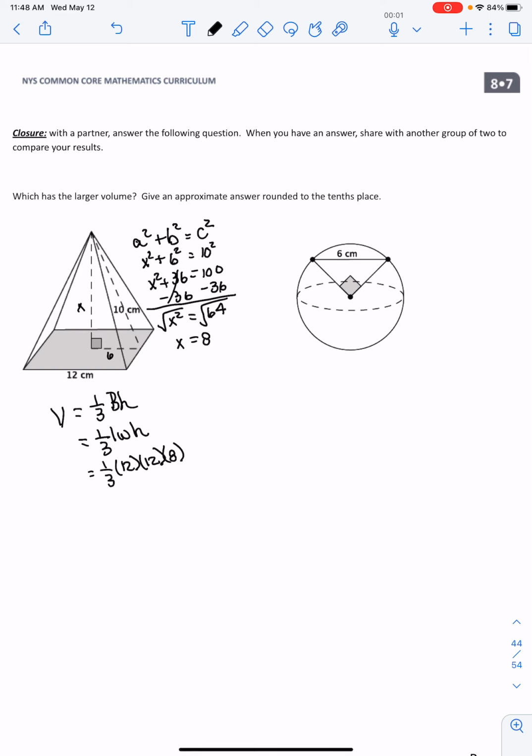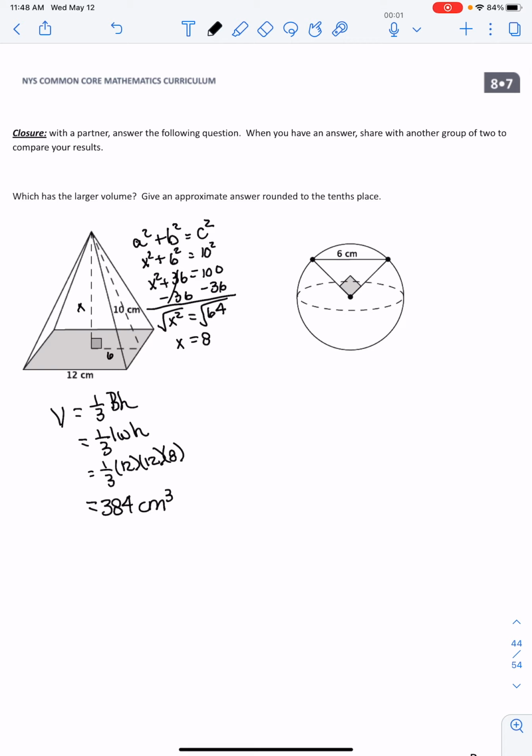Well, when I multiply that out, I'm going to get, and I know I multiplied it out, I just don't have it in front of me, so 12 times 12 times 8 times 1/3. I get 384 centimeters cubed.